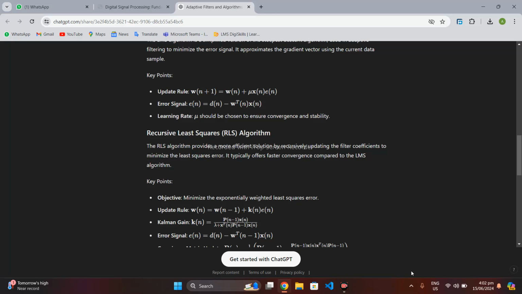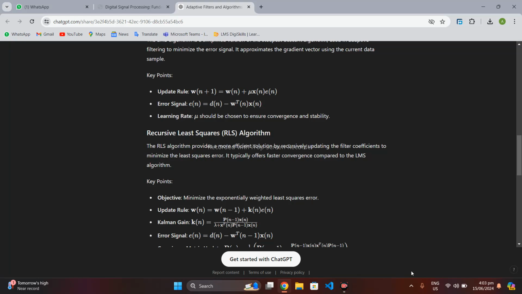The first one is the objective: minimize the exponentially weighted least square error. The second is the update rule, w(n) is equal to w(n-1) plus k(n) times e(n).